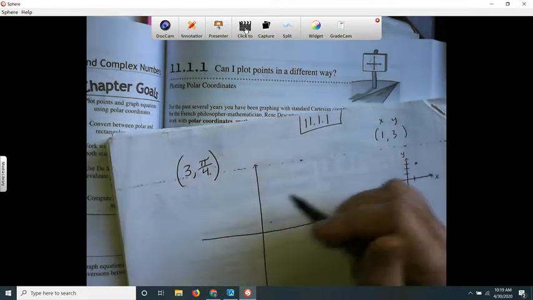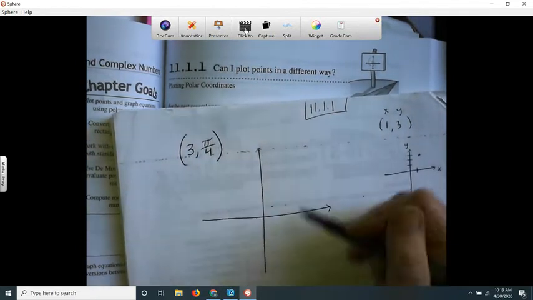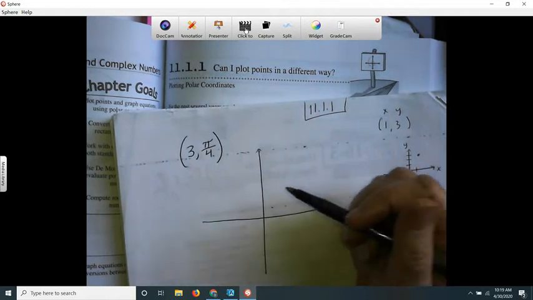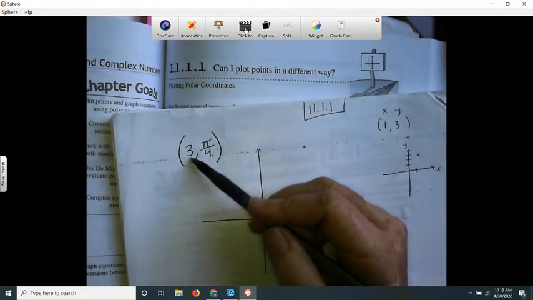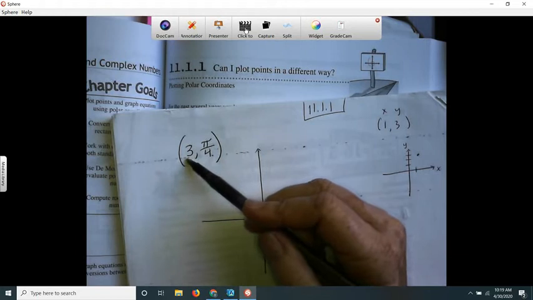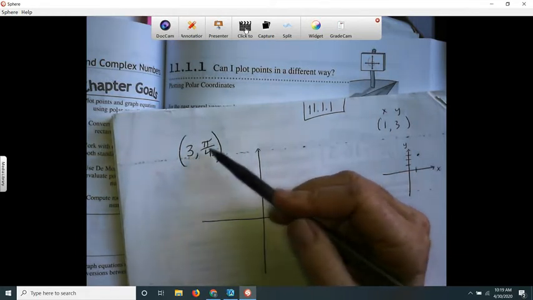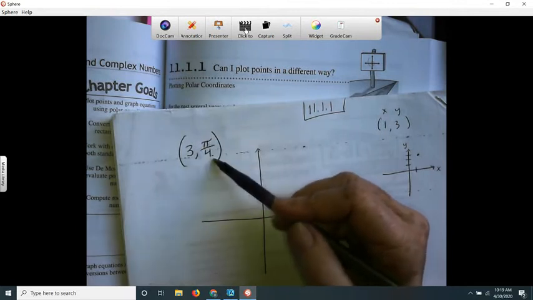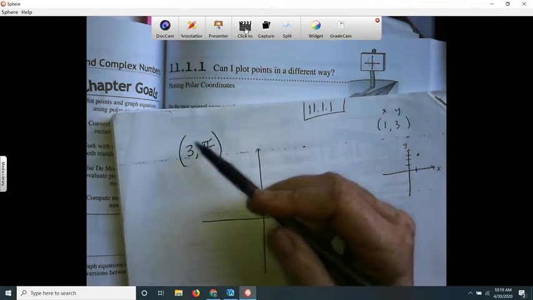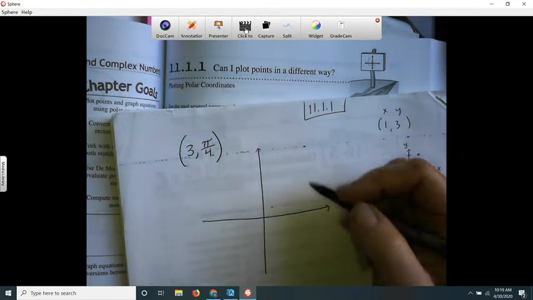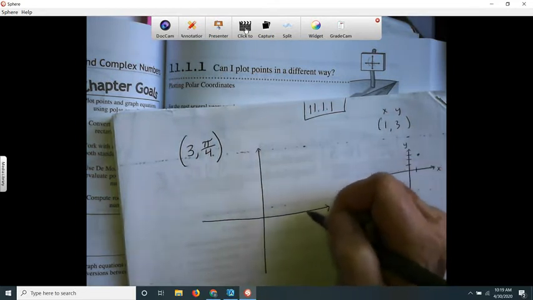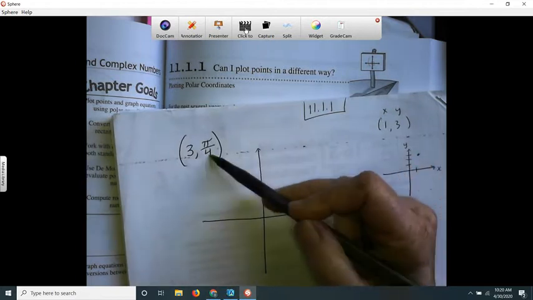You can just graph this on an XY grid, but this is the length of the hypotenuse, or you could say this is the magnitude, and this is the direction. So what you do is think about opening up an angle starting from the positive x-axis, whatever angle measure it says.